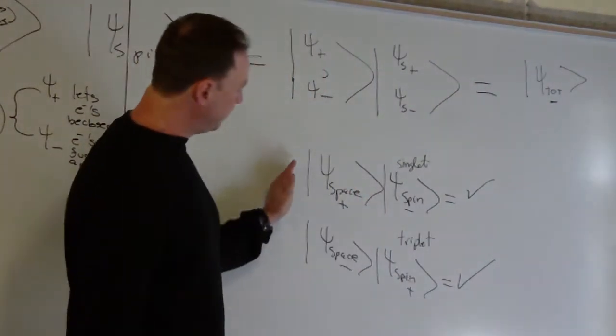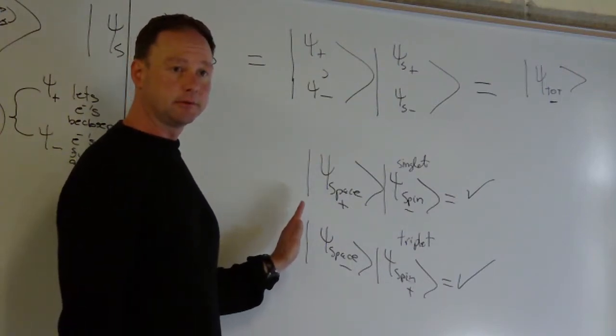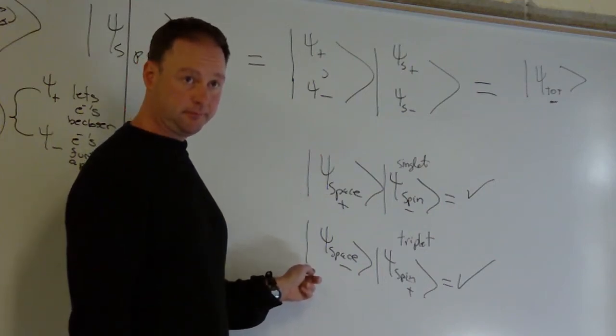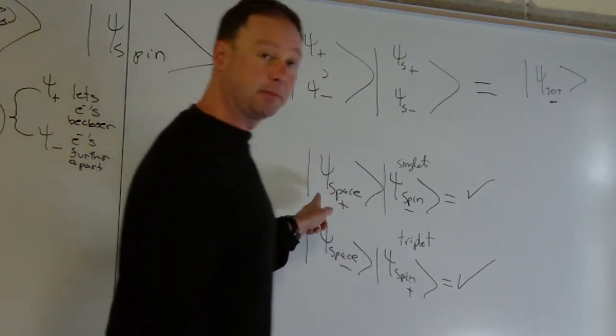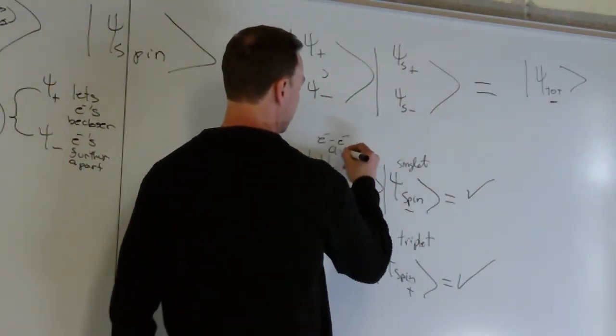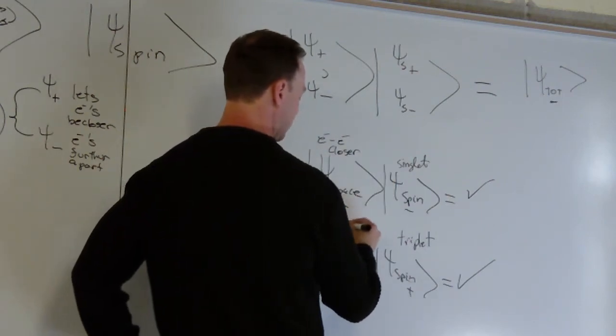Which wave function lets the electrons get closer together? This one or this one? The one with the symmetric spin, right? So electrons closer. And then this one is the electrons further apart.